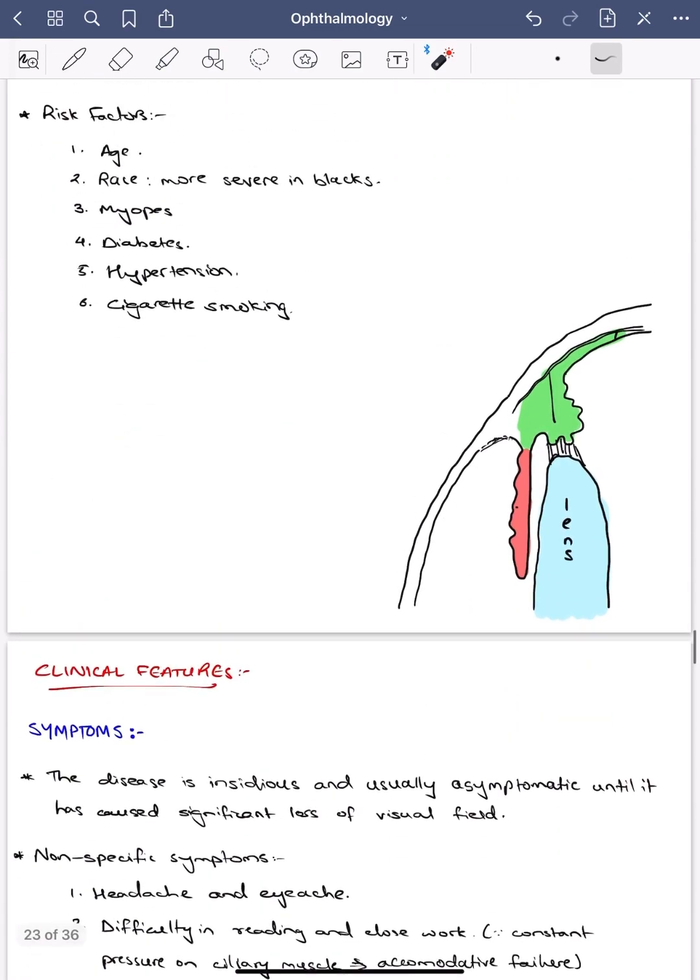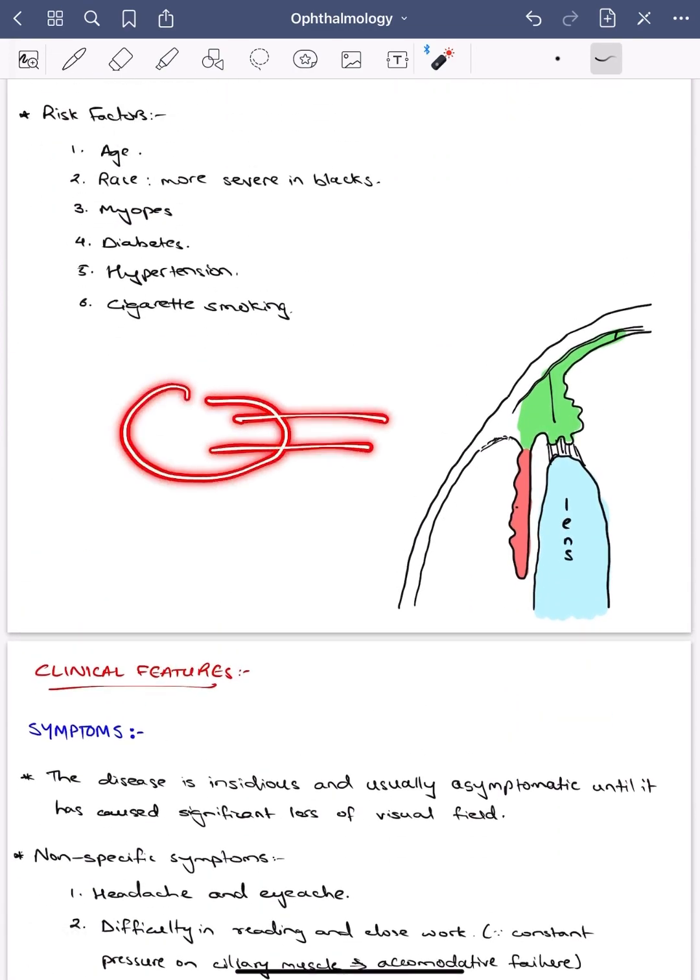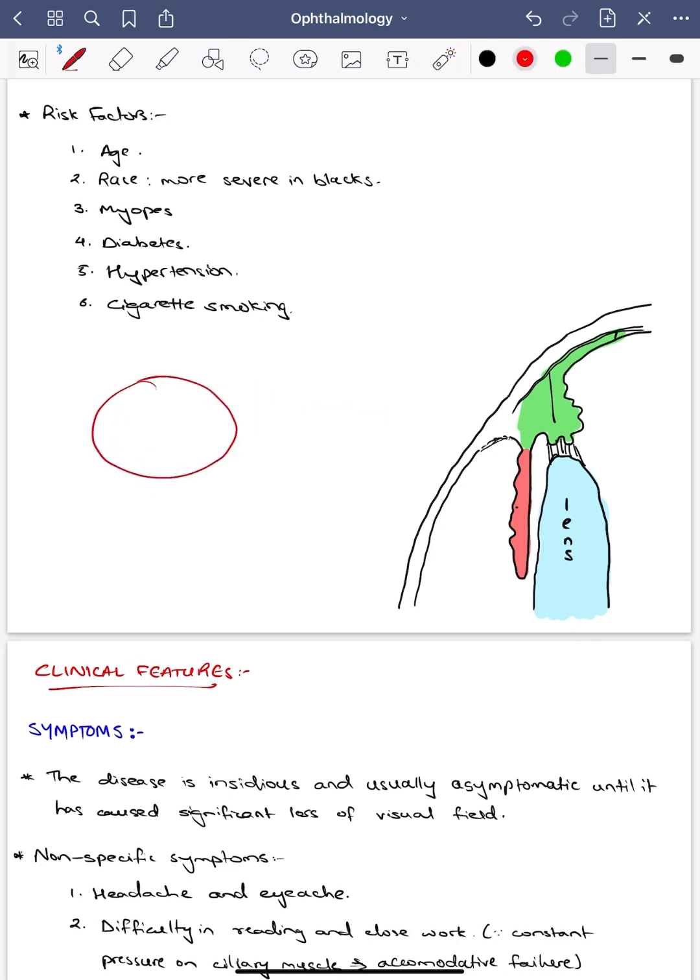If this is your eye, the optic nerve enters like this. Because of the increase in intraocular pressure here, the lens gets pushed back and this damages the retina, and because of progressive damage there is optic cupping.